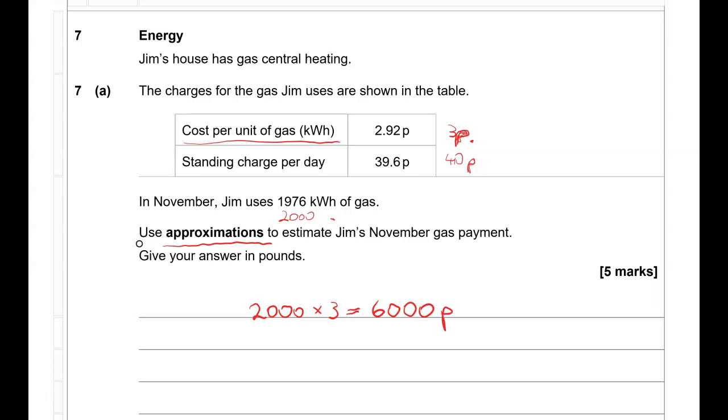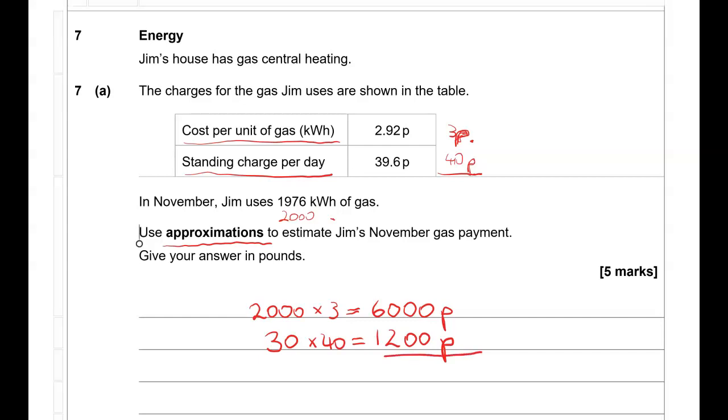Then we've got the standing charge per day. There are 30 days in November, and we've got 40 pence. So 30 times 40, which is 1,200 pence.